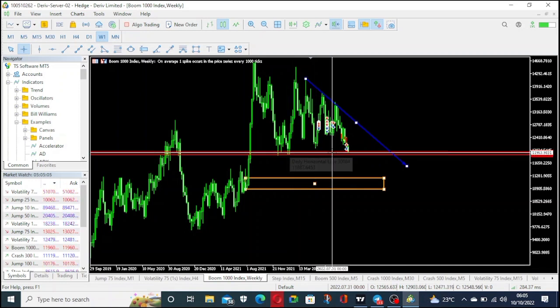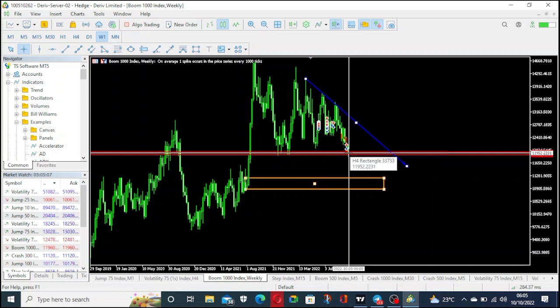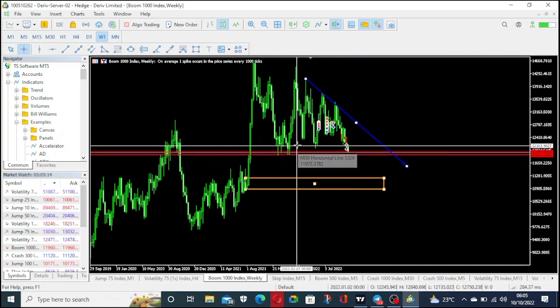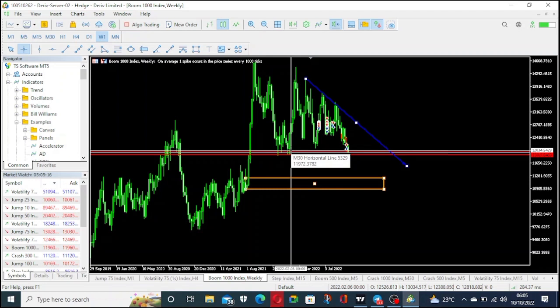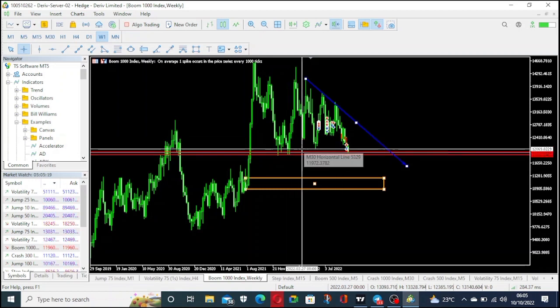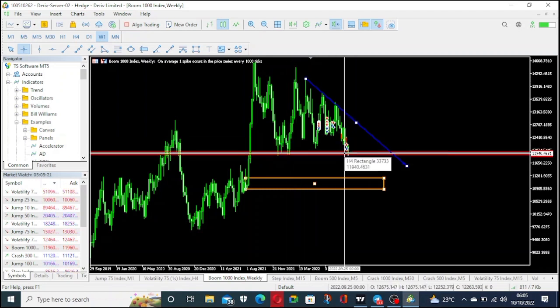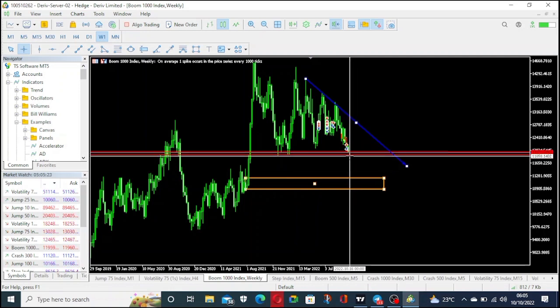Now price has come back to it this October. Even on the monthly time frame, it has been a kind of support level, and so now the price is kind of breaking it here.